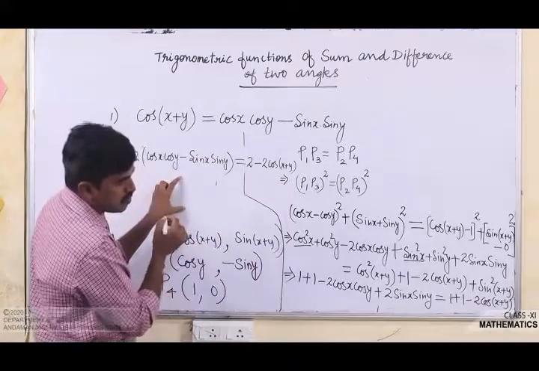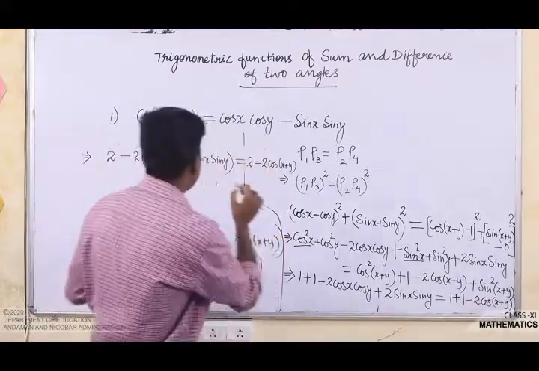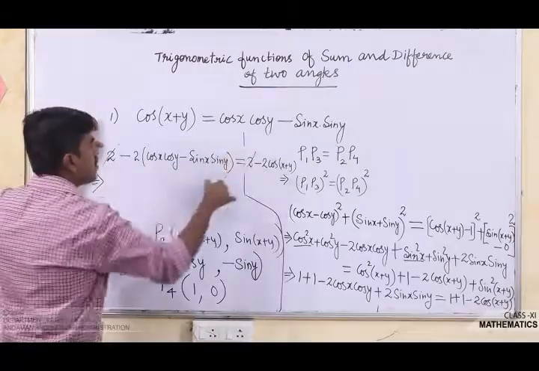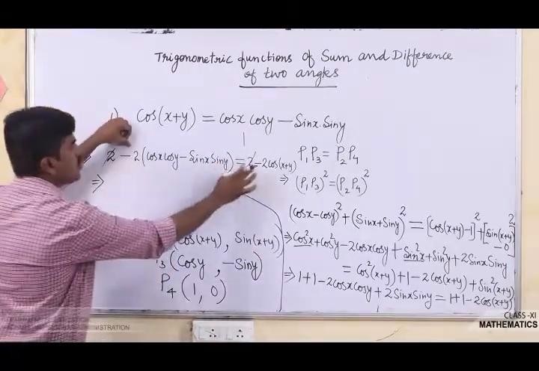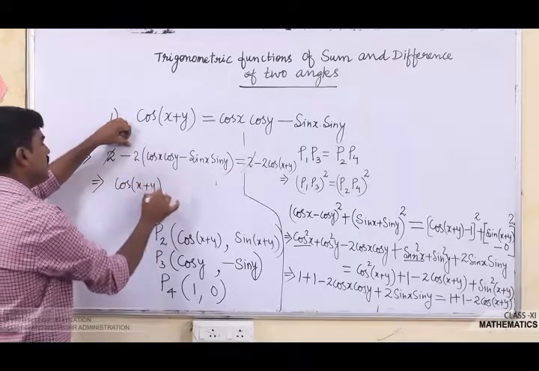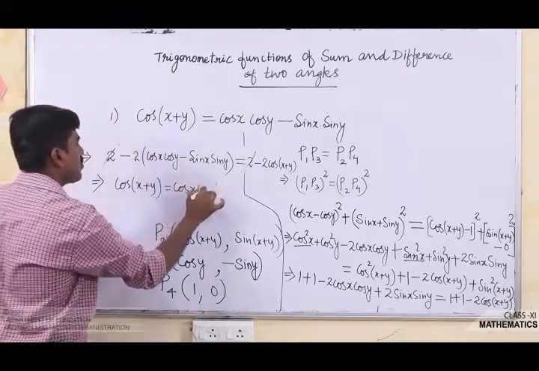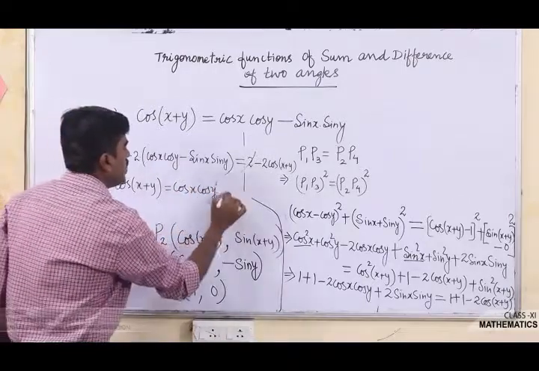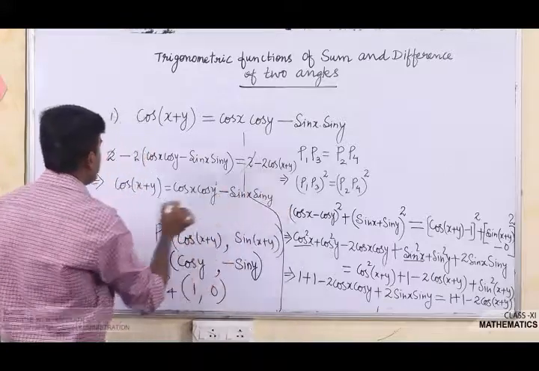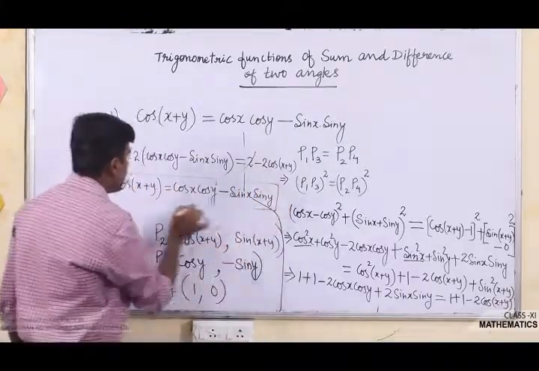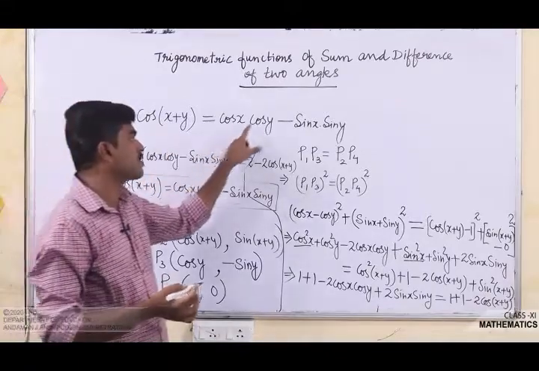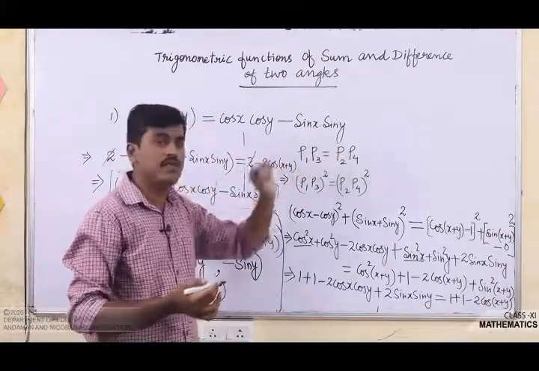Okay, so the 2 gets cancelled, minus 2 also cancelled, so we can write cos of x plus y is equal to cos x cos y minus sin x sin y. So in this way we can prove this formula, that is cos of x plus y is equal to cos x cos y minus sin x sin y.